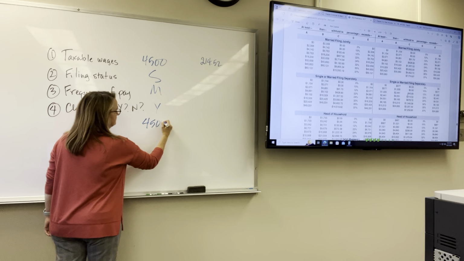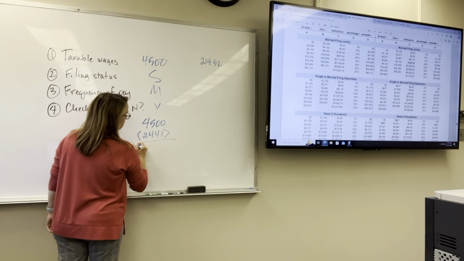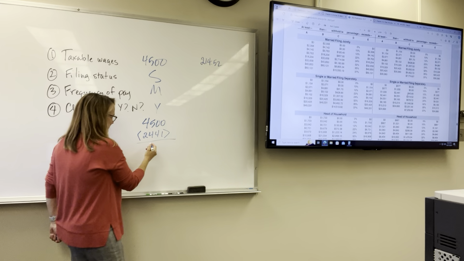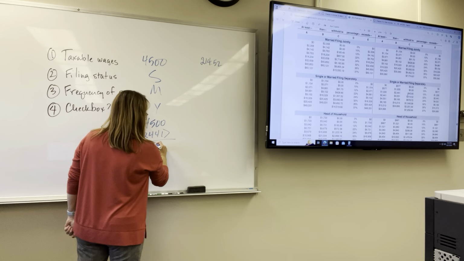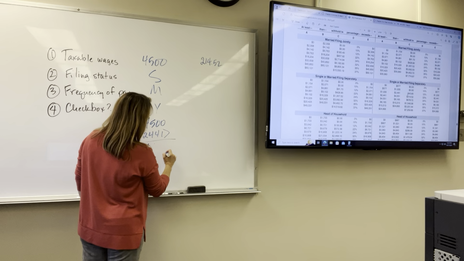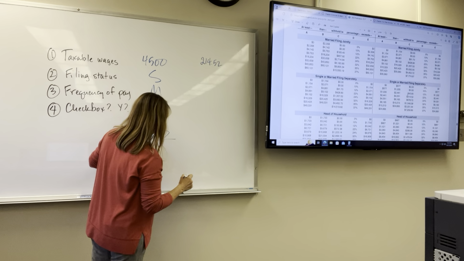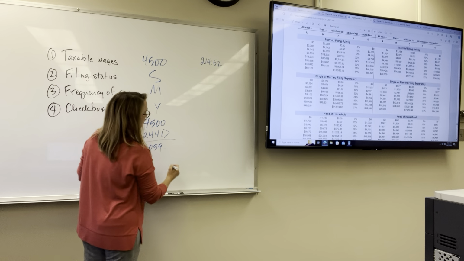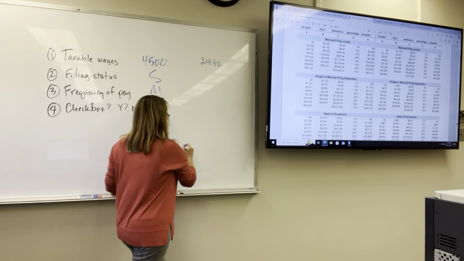4,500 minus 2,441 is 2,059. All right, times what percentage? 22%.